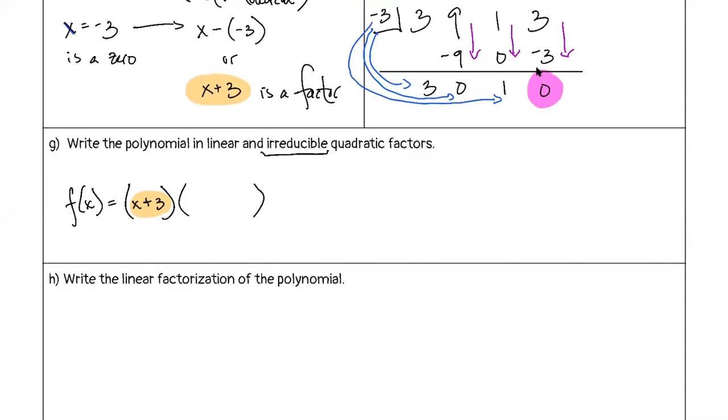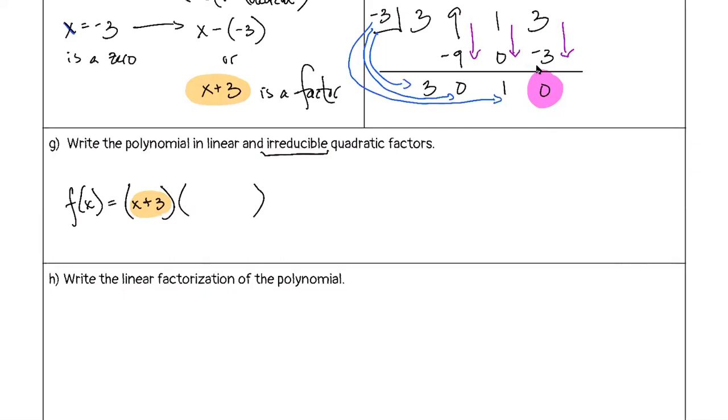Or one might say, what's my quotient? It's 3x squared plus 1.